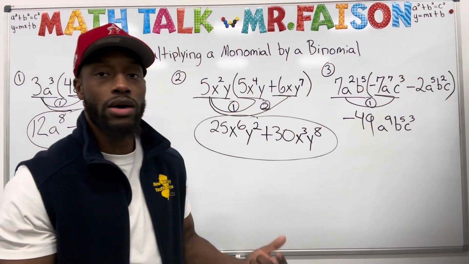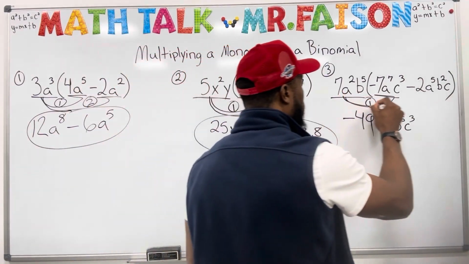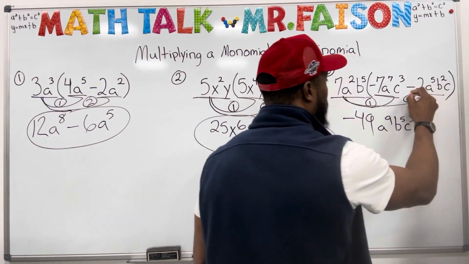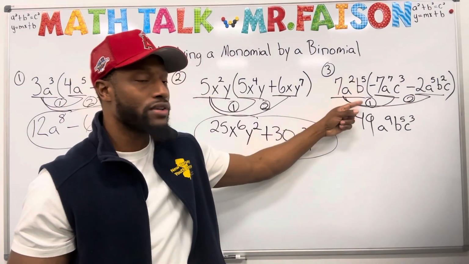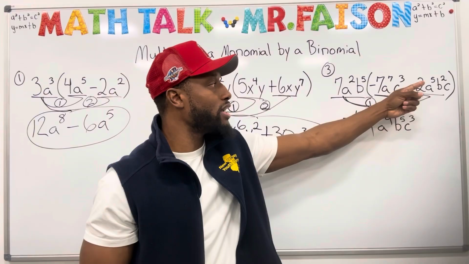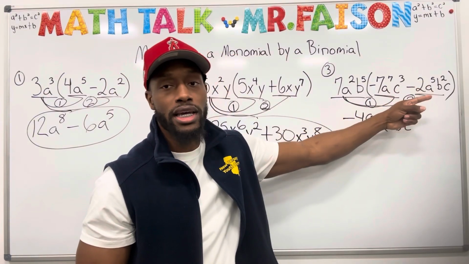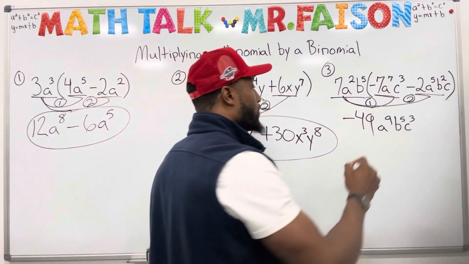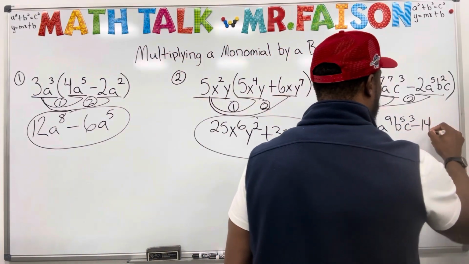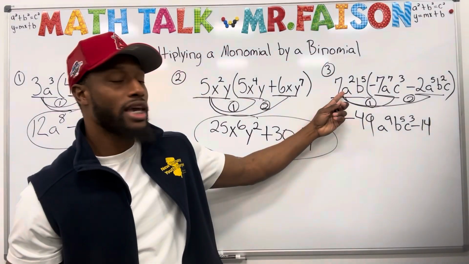Okay. Now I go to my second step. My second step, 7a squared, b to the 5th, times negative 2a to the 5th, b to the 2nd, and c. All right? 7 times negative 2 is going to give me negative 14. If I look here, I have 2 a's.